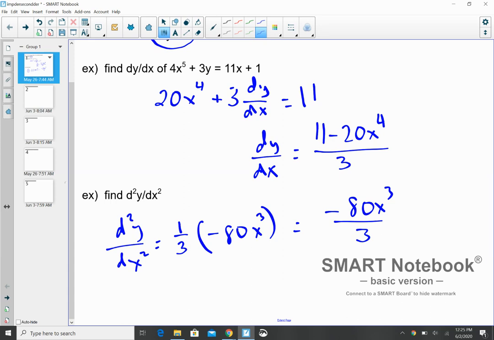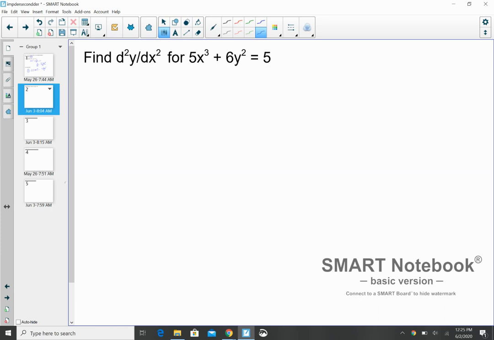Check out another example. This one was nice and easy. I say nice and easy because, yeah, it's going to get ugly. But I digress. So here we go. Let's start off. Take the first derivative. You get 15x squared, plus 12y dy/dx, and that equals 0.